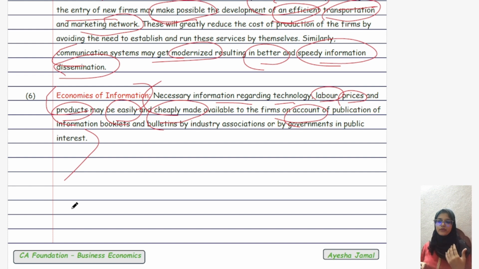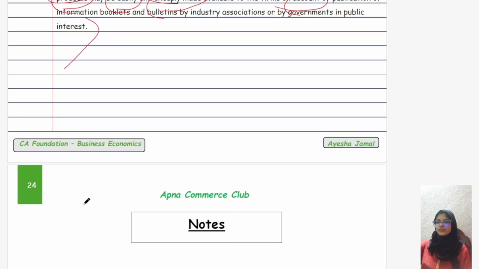So all the information is made public. We as customers have a right to know what kind of technology is being used. If you see a chocolate, all the ingredients should be mentioned on the cover: what product is in it, how much sugar, oil, and so on. So that is economies of information.